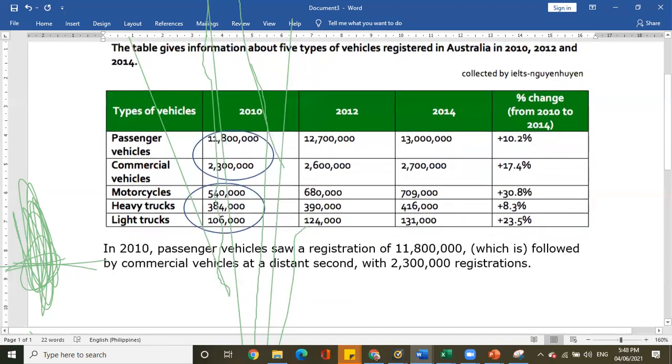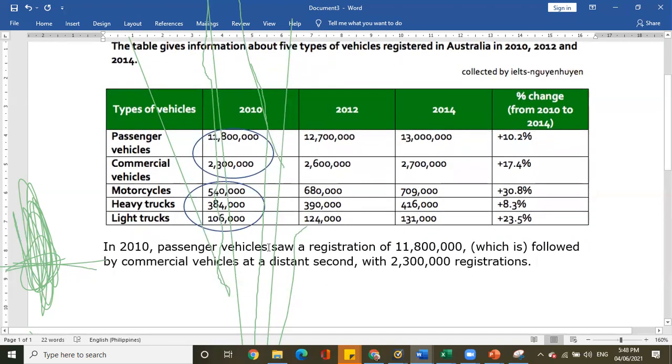Okay, so this now is your first SVO there. Do you see that?